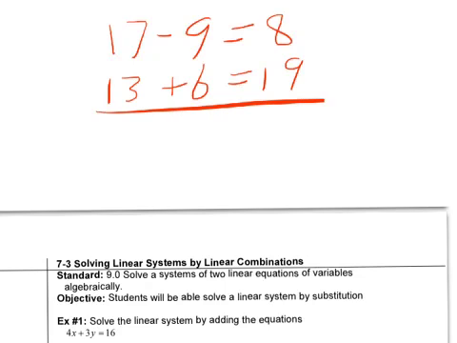Okay, let's go straight down. 17 plus 13 is 30. Negative 9 and positive 6 makes negative 3. And 8 plus 19 makes 27. And what do you know? 30 minus 3 equals 27. So it doesn't matter what numbers you use. This will always work. You can always just add straight down.